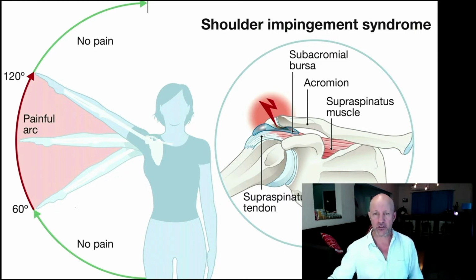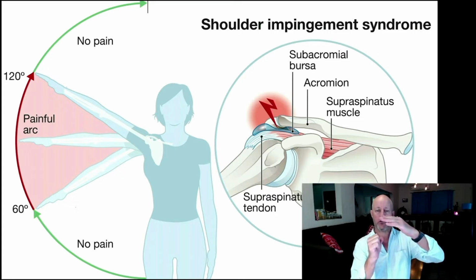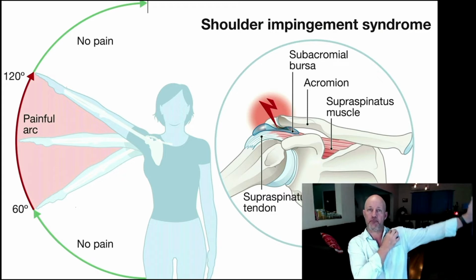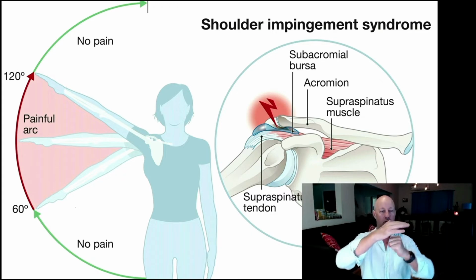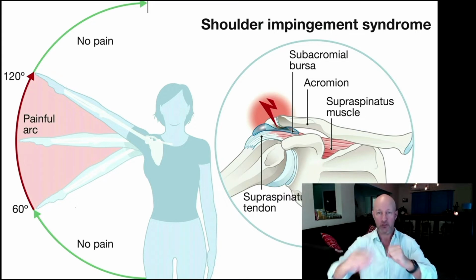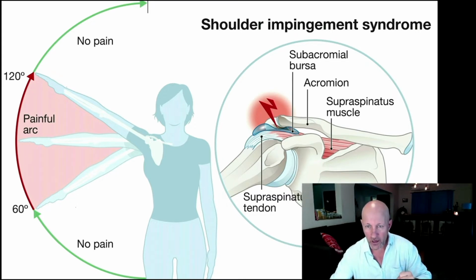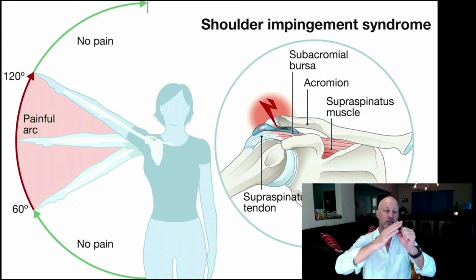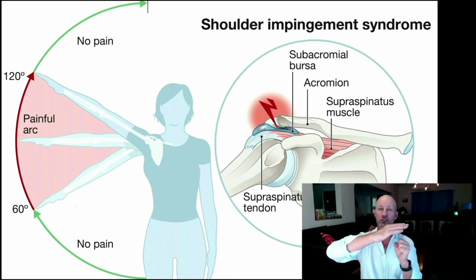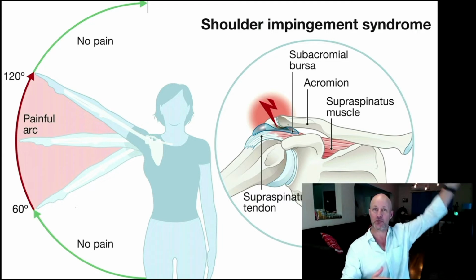Imagine your humeral head. Normally when I raise my arm, there's your humerus and there's your acromion above it. When that's free to move under there, lovely, no problems at all, no impingement, terrific.